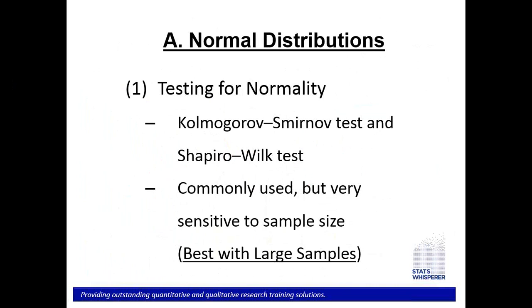Now these are commonly used, but you should be warned, they're very sensitive to sample size, meaning if you have a sample below, say, 1,000 or 500, they're very quick to say your distribution is non-normal. And having a non-normal distribution has serious consequences because then you have to adjust your analysis based on that. So you only want to do that if there truly is a threat to normality, not based on an oversensitive test.